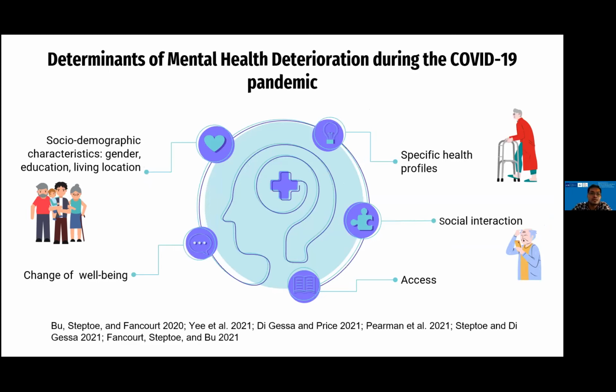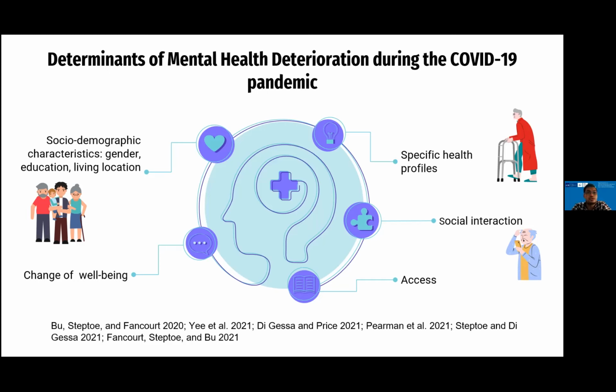Based on some of the literature that we researched, some of the determinants of mental health among the older population during COVID-19 consist of socio-demographic characteristics such as gender, education status, and living location, and specific health profiles, whether or not the older person is healthy or less healthy, level of social interaction, the situation of economic security, whether or not they're experiencing change in their well-being, as well as whether or not they're experiencing change in access.